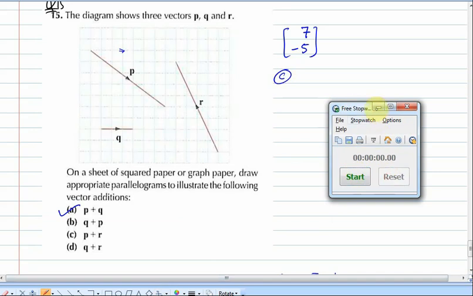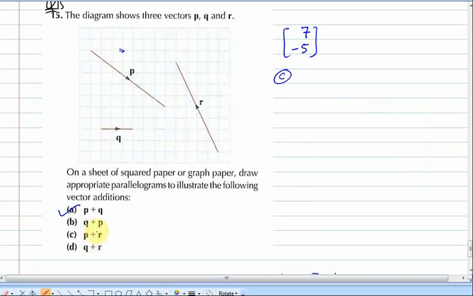Good. So first it says P plus R, so I will draw the vector P here at random, right? After that I need to draw R here.